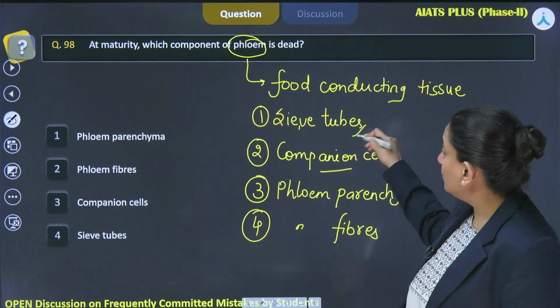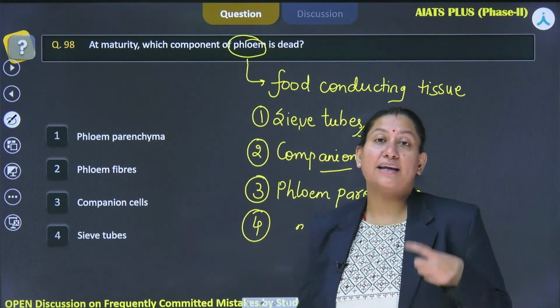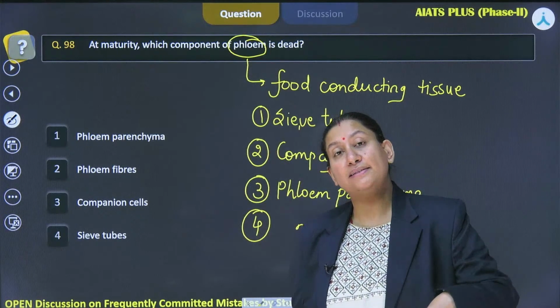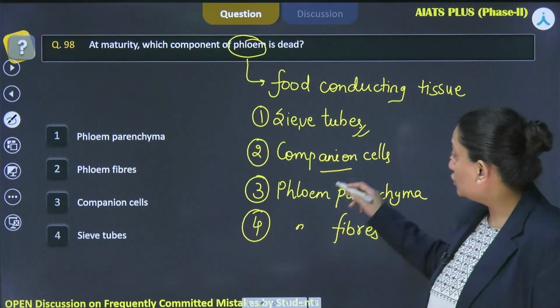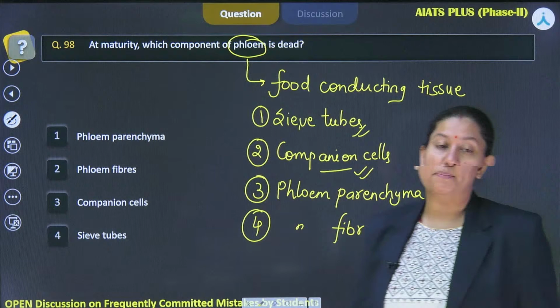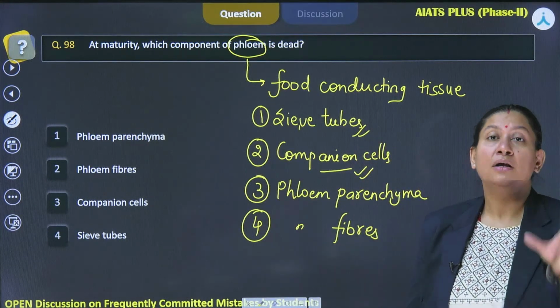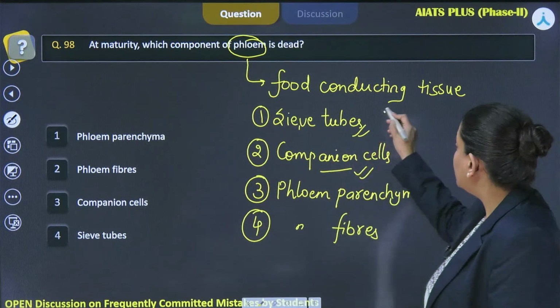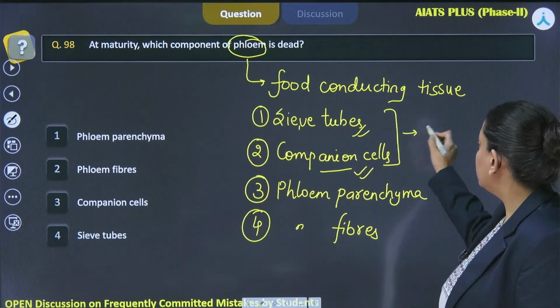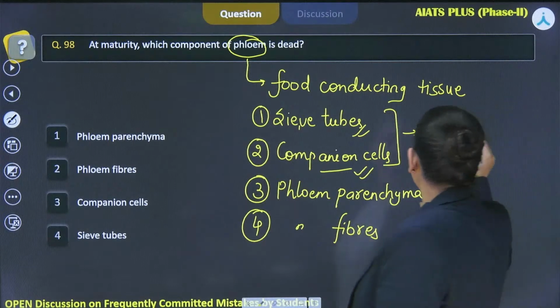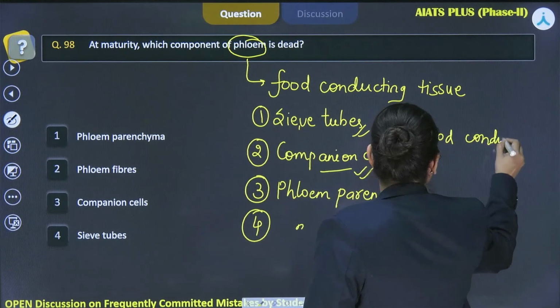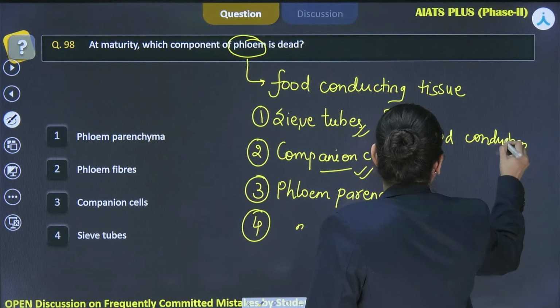As the sieve tube cells are lacking it, their activity is controlled by the cell which is carrying it, and those cells are companion cells. So companion cells regulate their activity, specifically they maintain the pressure gradient in the sieve tubes. So these two cells together regulate the food conduction in the plant, right?